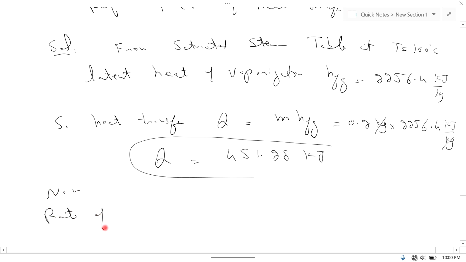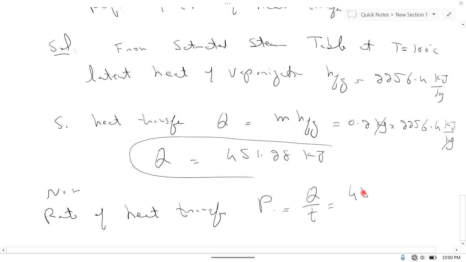Now rate of heat transfer. Power is equal to rate of heat transfer, Q divided by time.